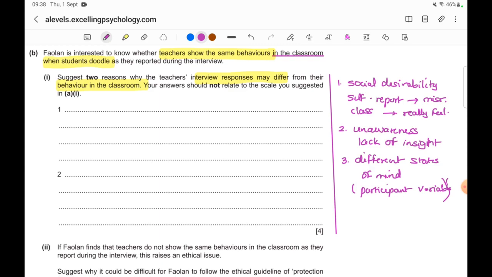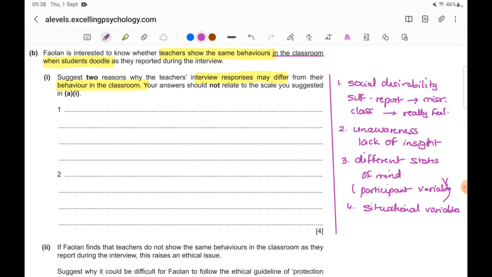Okay, it could also be situational variables for that matter. You know, it could be that when the teacher answered the interview, till then she had not had an experience of students doodling too much, or in a very distracting way. Till the point of time the interview was taken, students that she's been exposed to might be just doodling once in a way kind of thing.